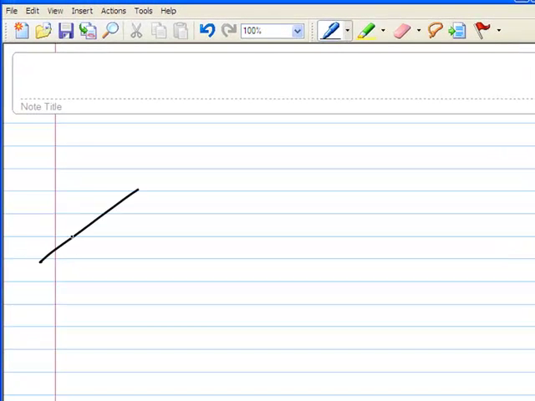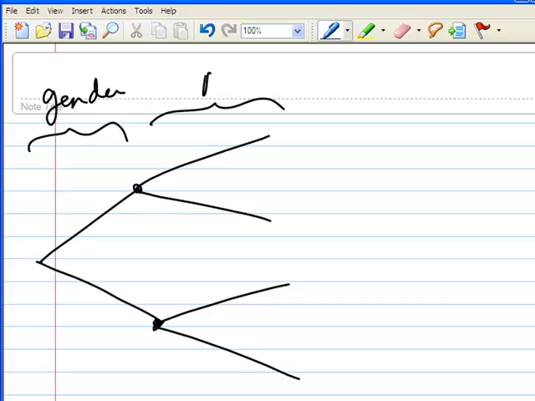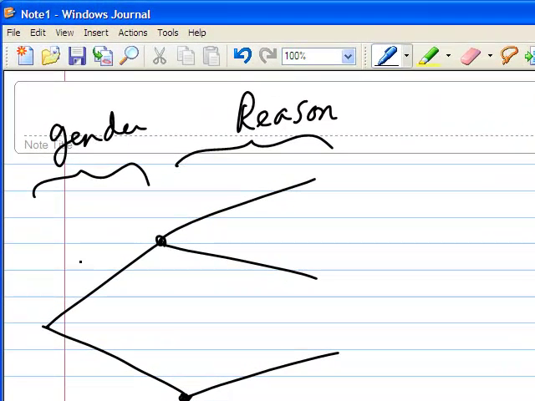If I have the two events of gender and reason for purchase, described like this, in this case, we have all the probabilities of all the events, simple, joint, and marginal.